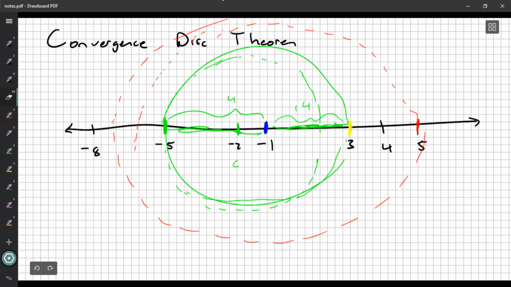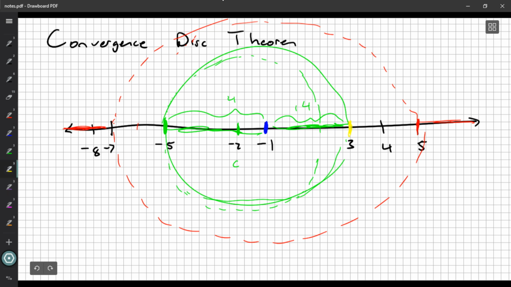So this circle is centered at the same center, negative 1. That means it will pass through negative 7 over here, just before the negative 8. Then anything further away from negative 1 than this will have to diverge.